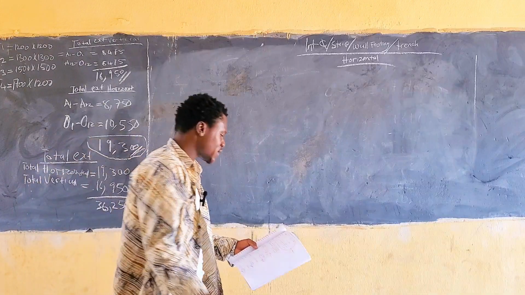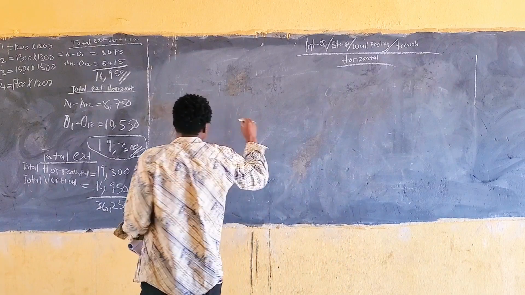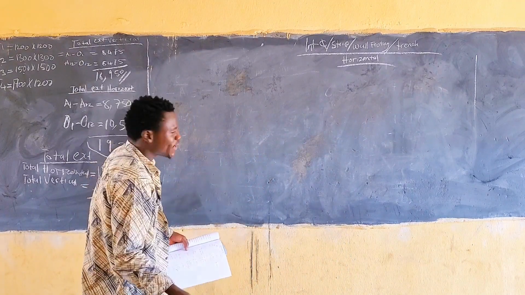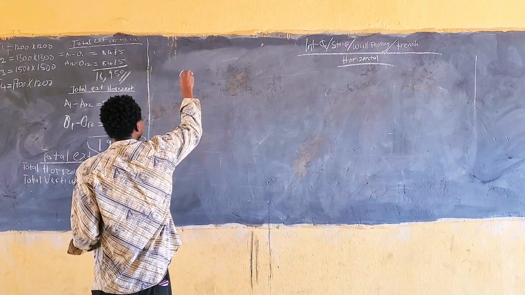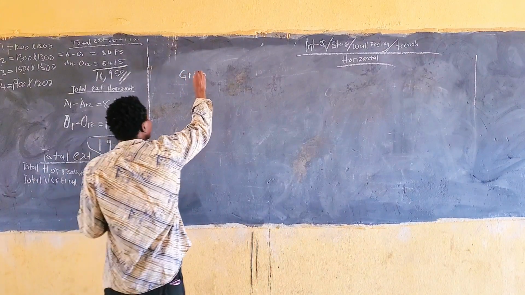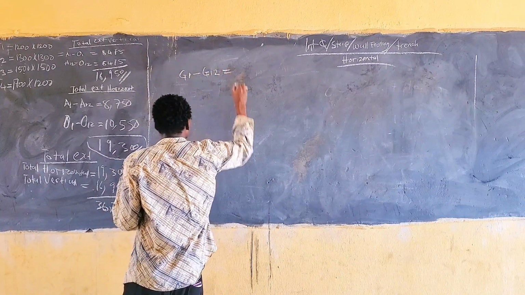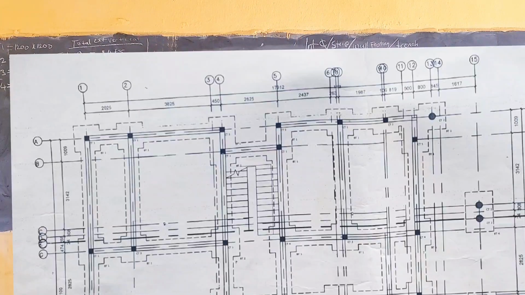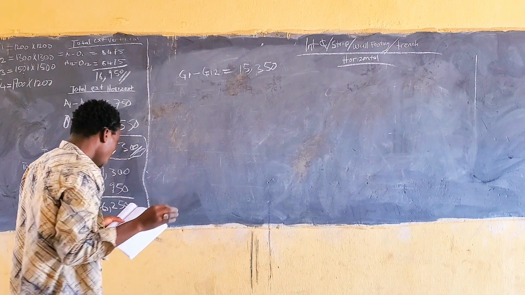So let's get straight into the measurements. Like I said, using the labeling system, you locate the labels. From G1 internal gaps to G12 is giving us 15,350. So we'll deduct the over measurements that are there.